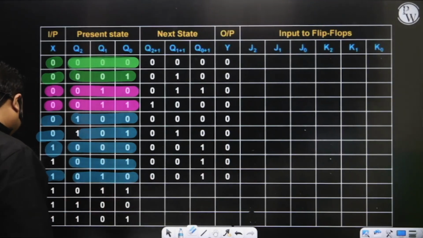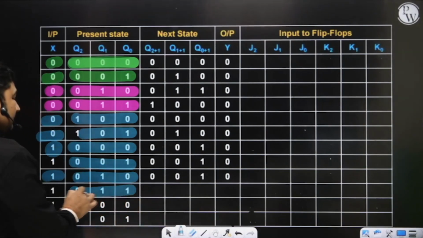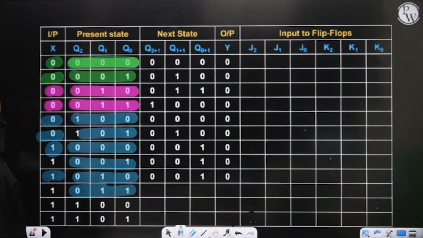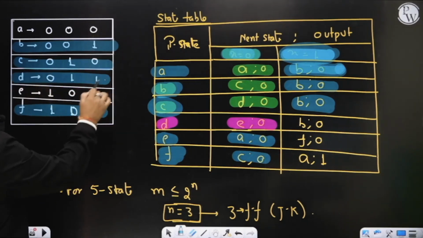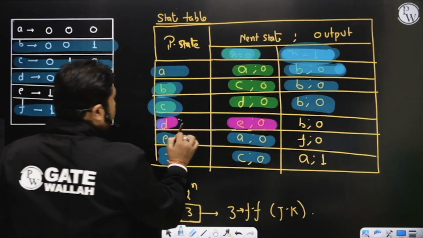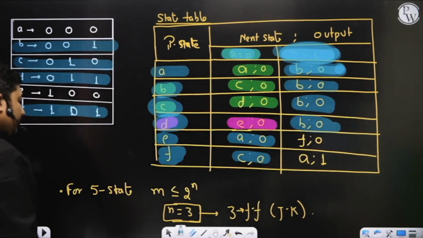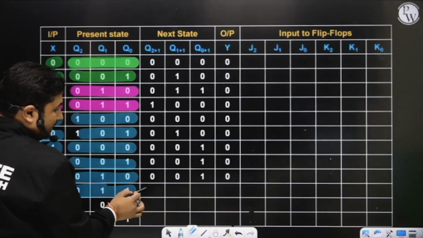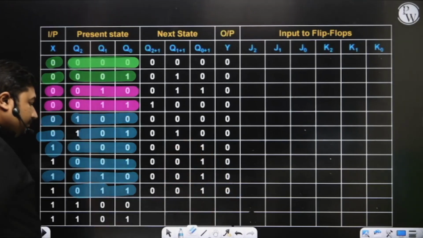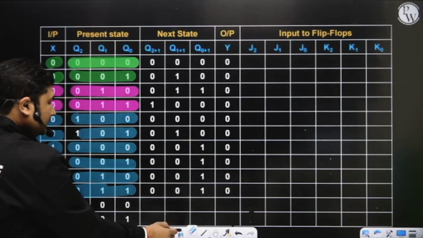Present state is 011, which is your D state. Present state is D, x is equal to 1. Next state B, output 0. B is 001, output 0.